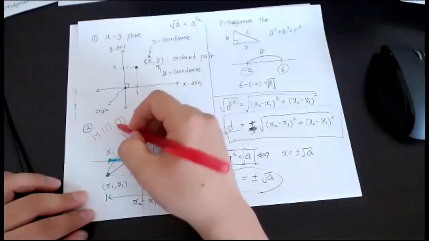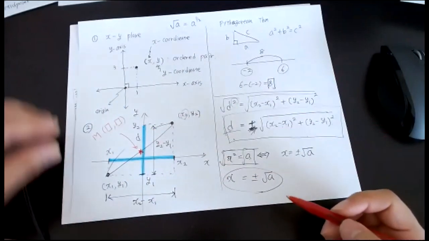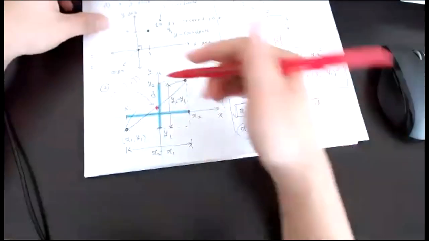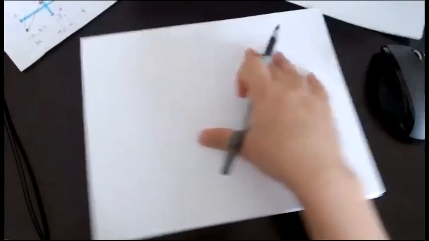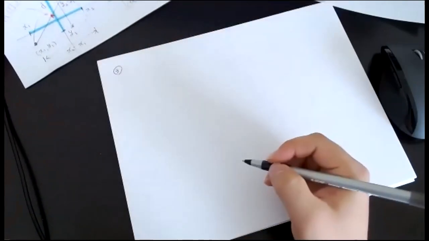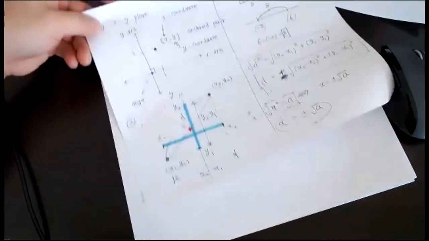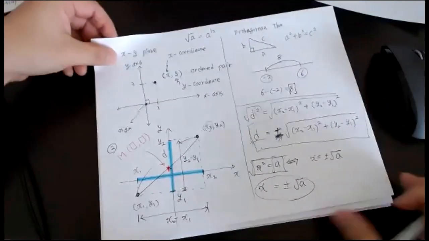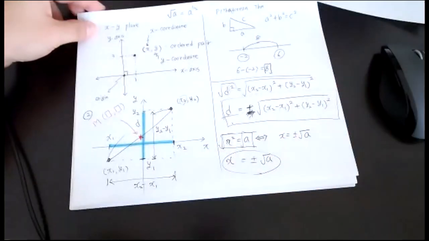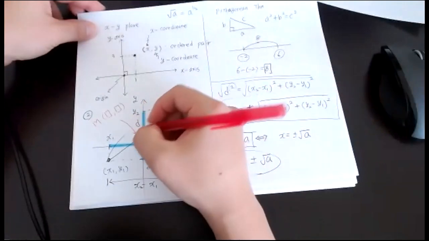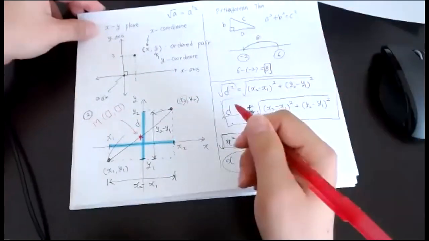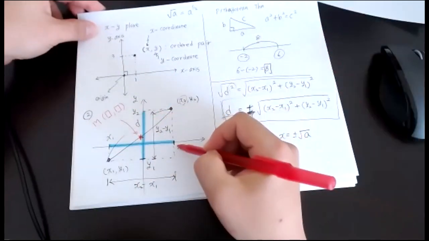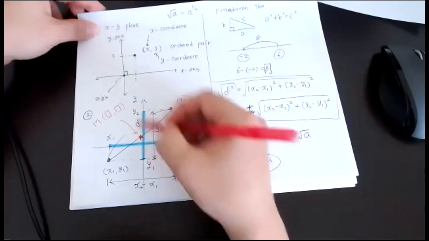x coordinate and y coordinate of the midpoint. Then how can you find the x coordinate and y coordinate of the midpoint? So what I'm doing is covering the third objective, the midpoint formula. To find the midpoint, I'm going to find the midpoint between x1 and x2, and then the midpoint between y1 and y2.